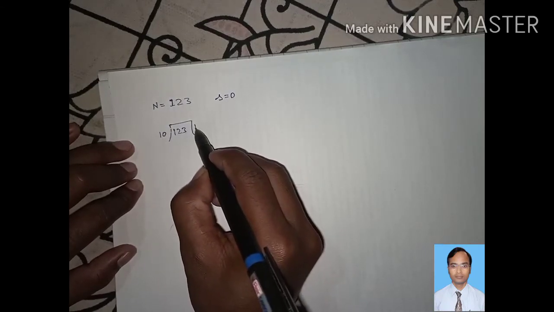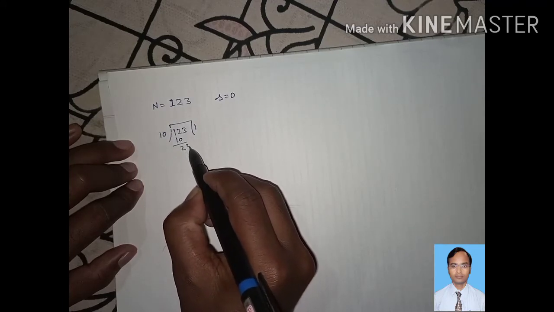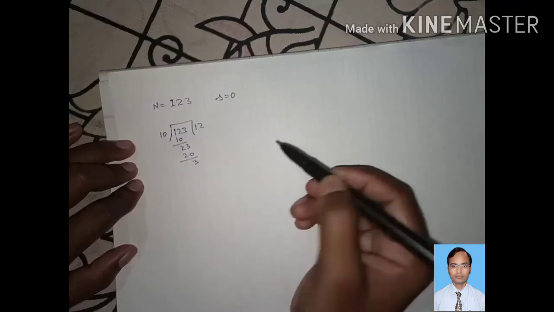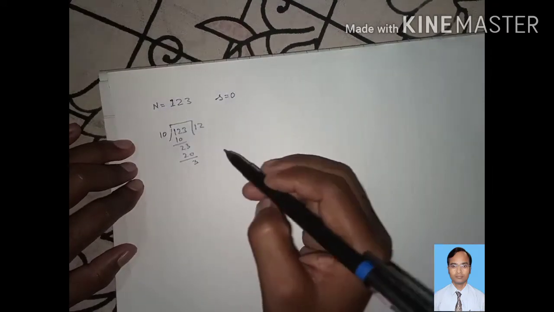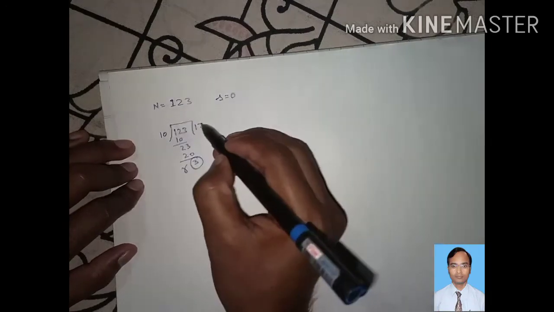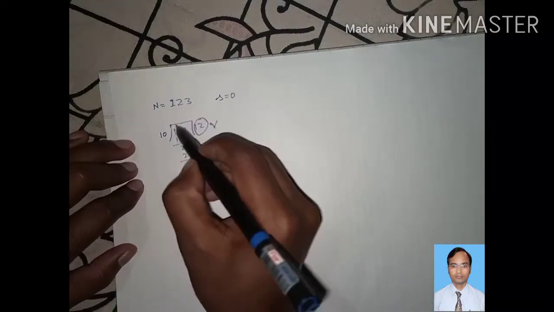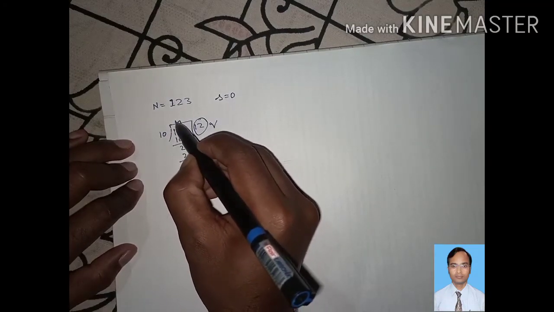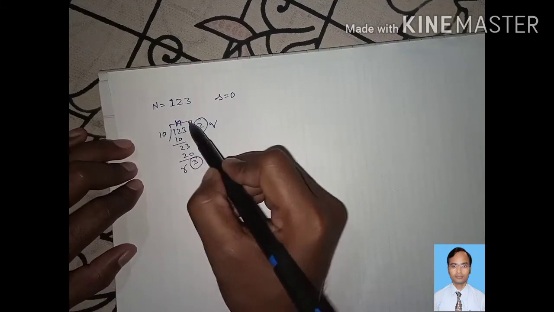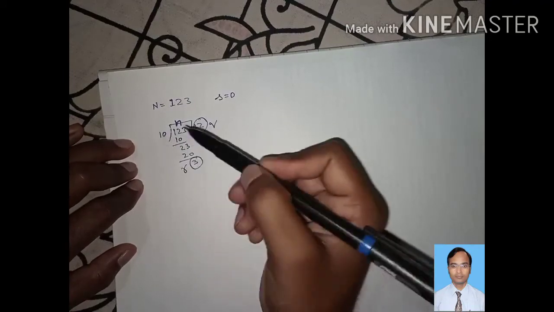Here you can see this is your remainder and this is your quotient. And this is my number n. It means n divided by 10. But what kind of division am I performing here?